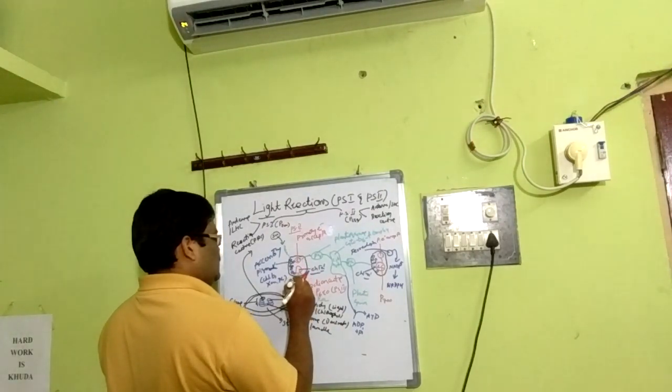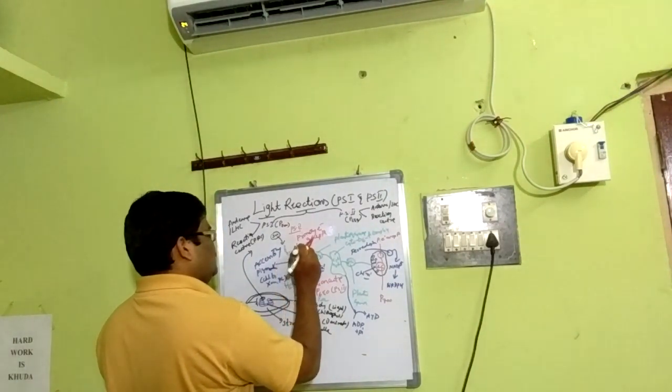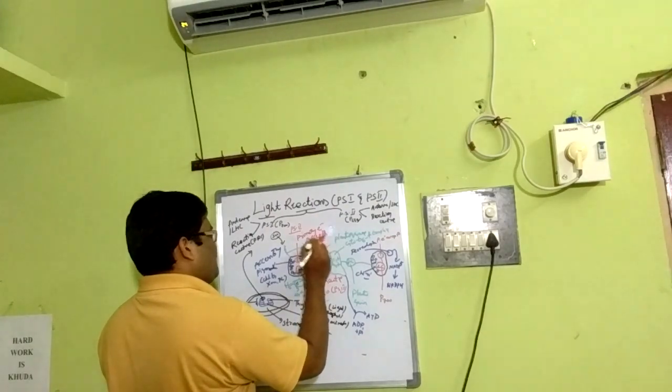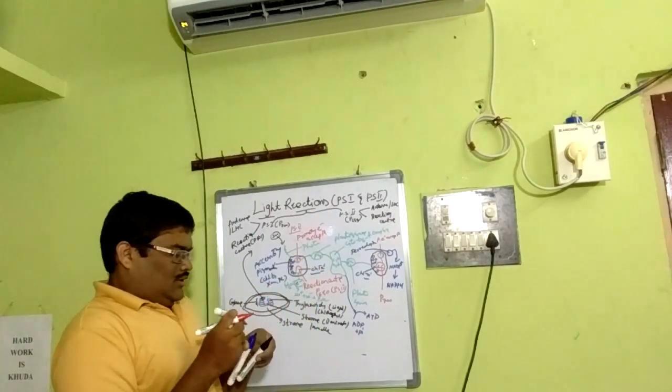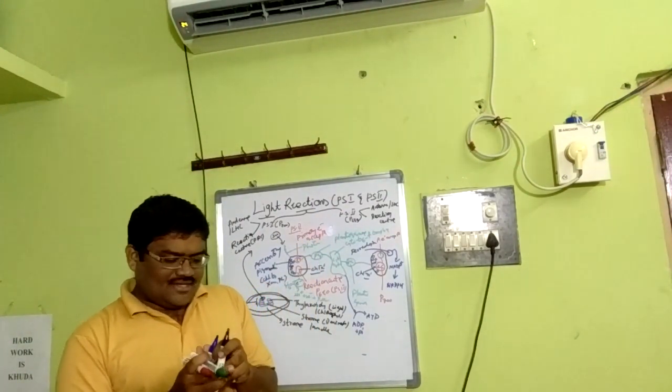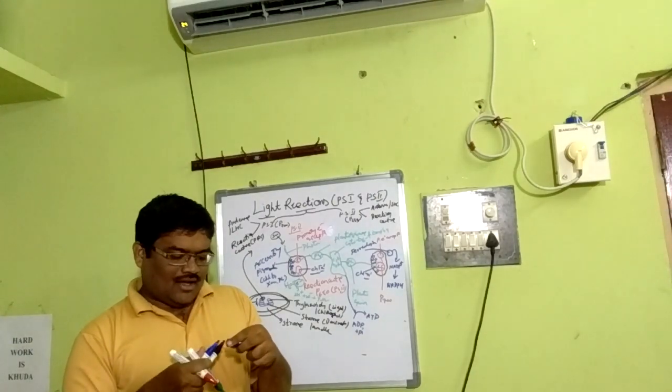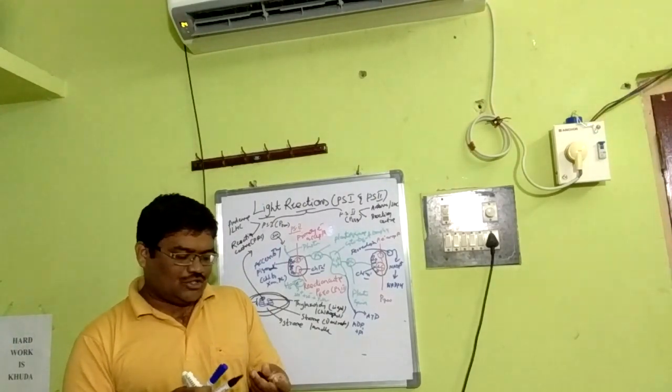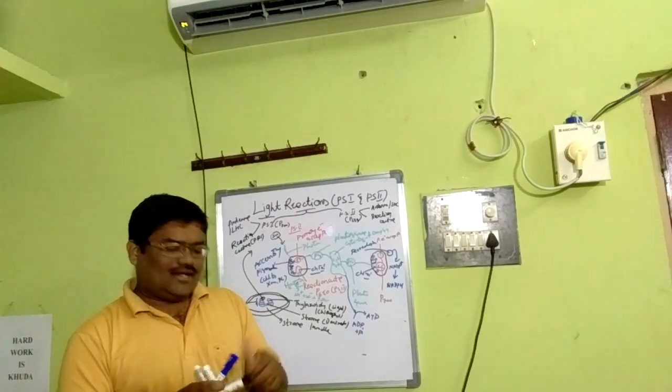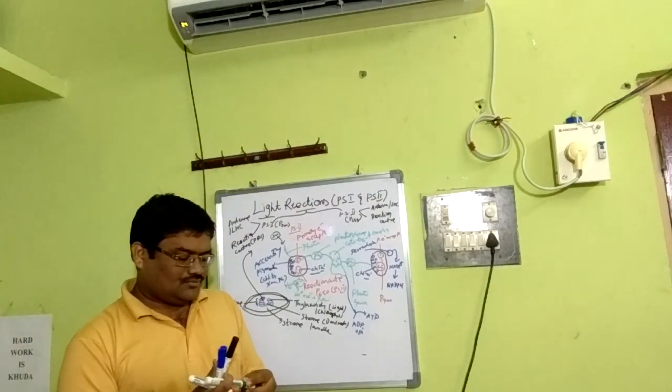That is the electron source, and this is the photon. Okay, this is a basic schematic representation of photosystem 1 and photosystem 2.